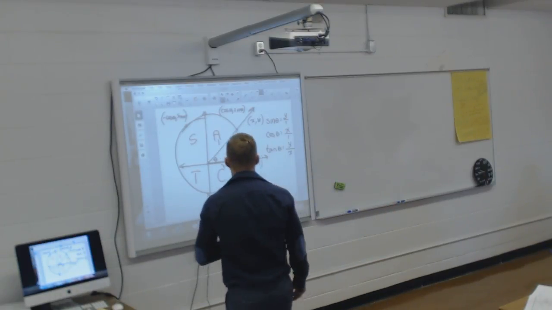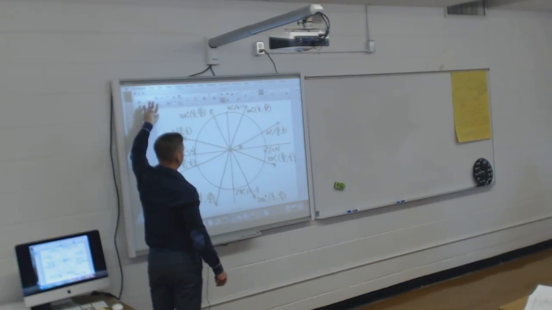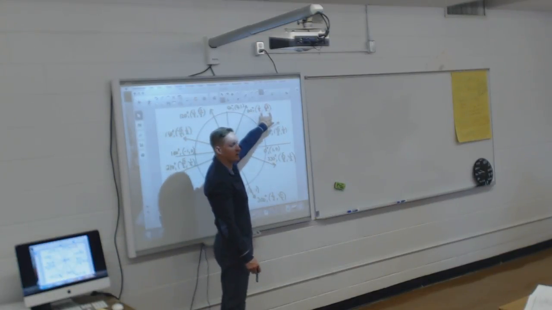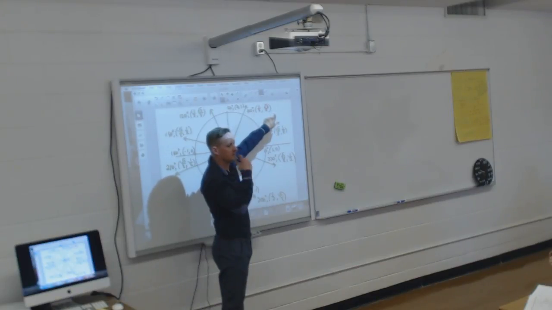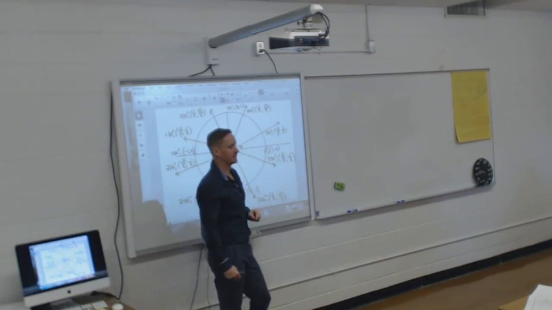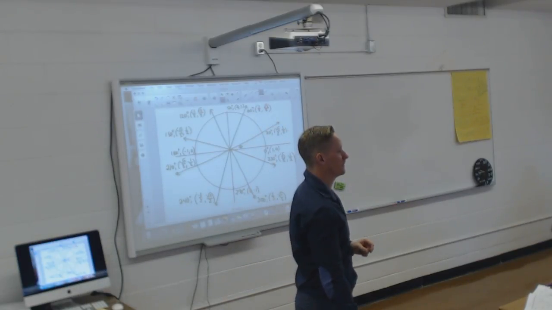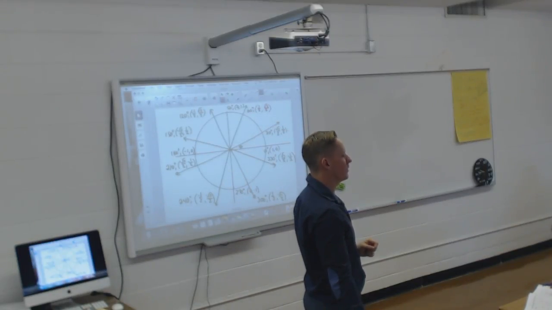Y over x. So now we're talking about this ratio right here. I need to take y over x. What's y? Root 3 over 2. What's x? 1 over 2.